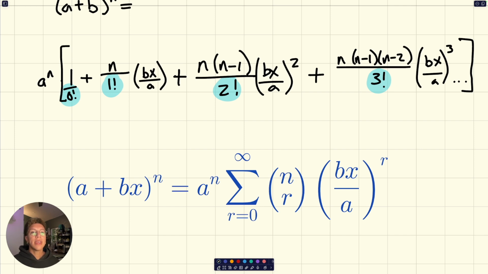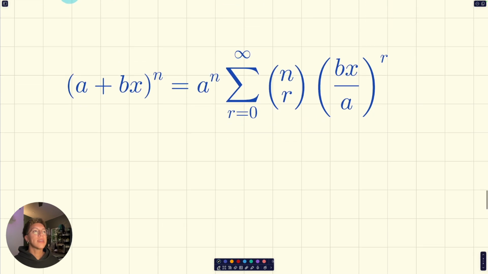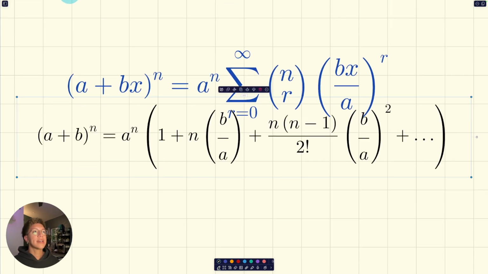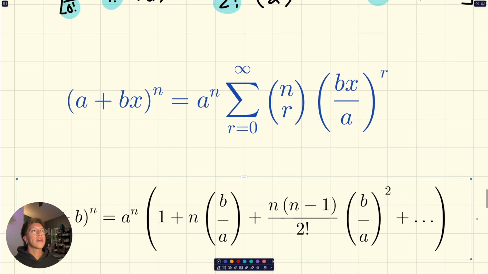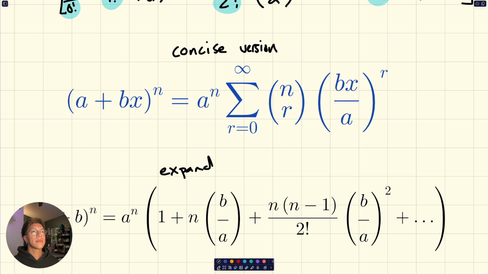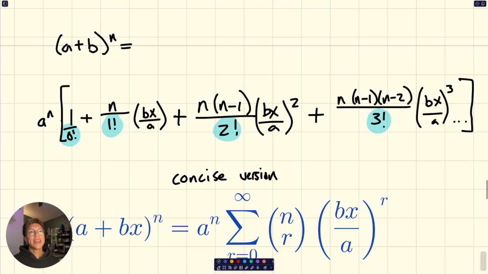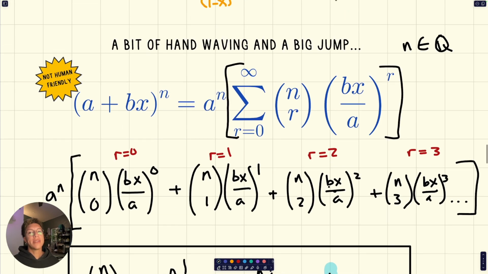And so the expanded version of that, we can go ahead and put in as well in the TAC format, and it looks like that. So here's our concise version, and this one is our expanded. All right, so that is Newton's binomial theorem.